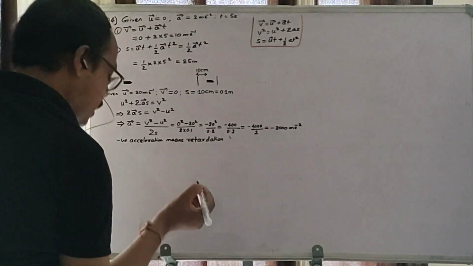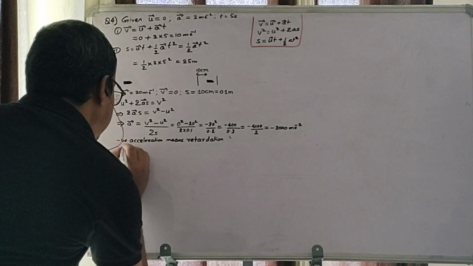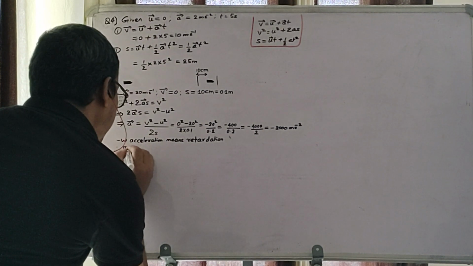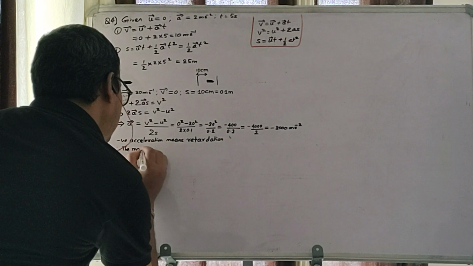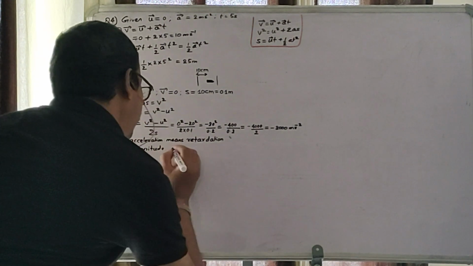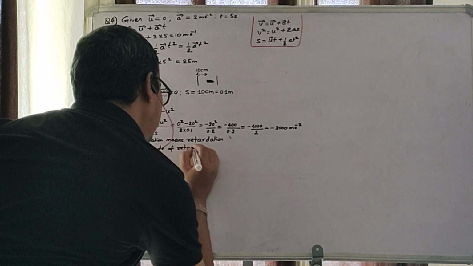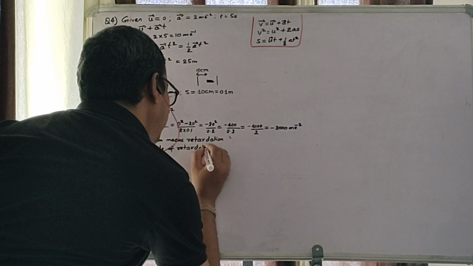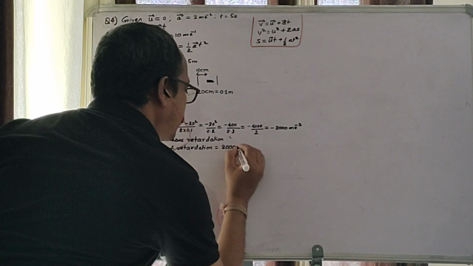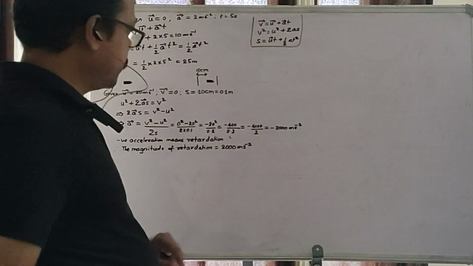So the body is retarding, and the magnitude of retardation is equal to 2000 meter per second squared. Why is retardation negative?